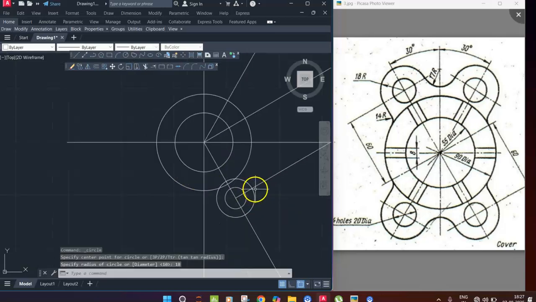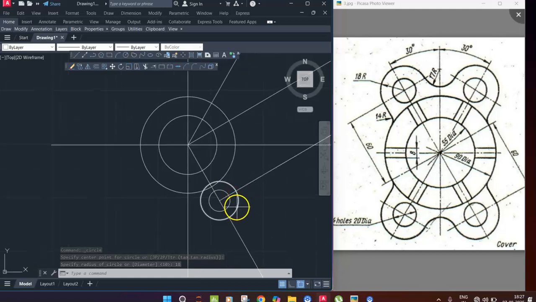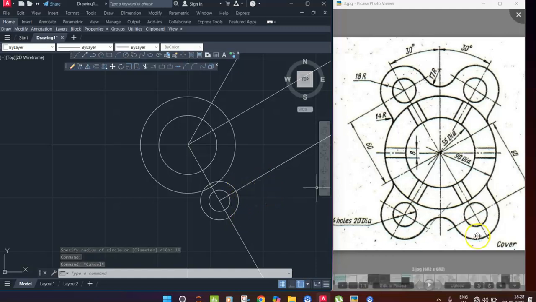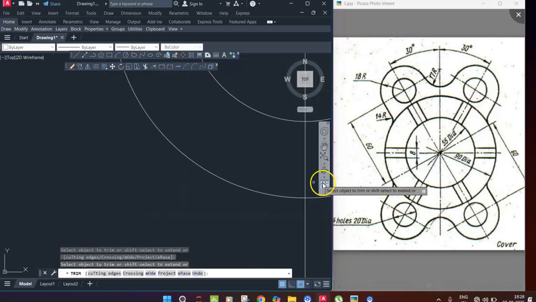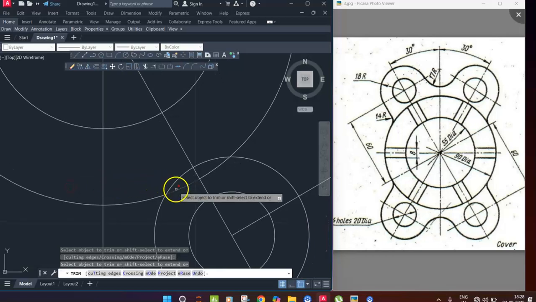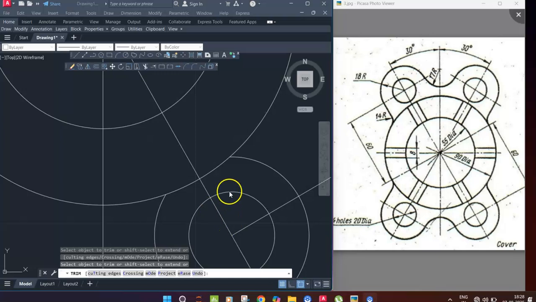Okay. So after drawing one side, use the command mirror. Before using the command mirror, make sure that the sketch is properly trimmed as per our requirement. The unwanted portions, this one I don't need.